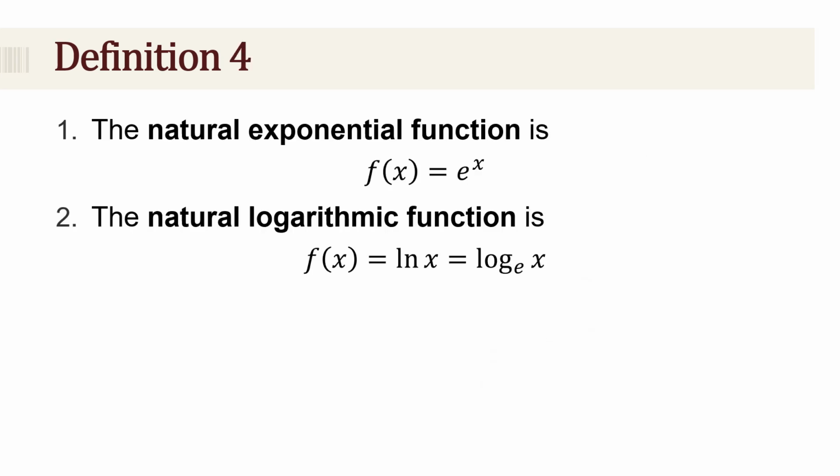So we now define the natural exponential function as f of x equals e raised to x, and the natural logarithmic function as f of x equals ln of x, or log of x to the base e.